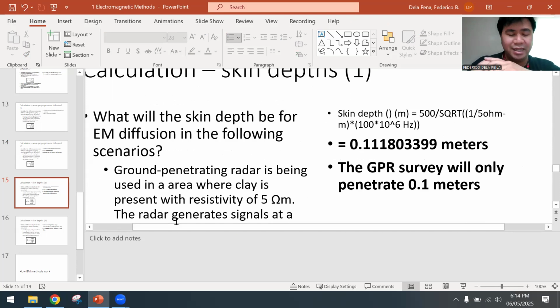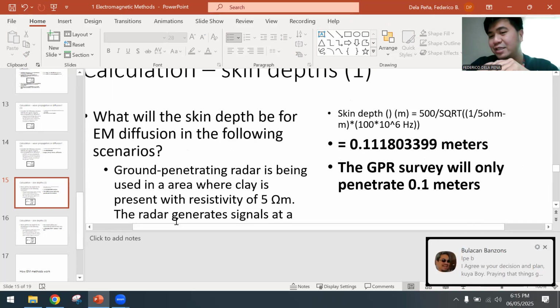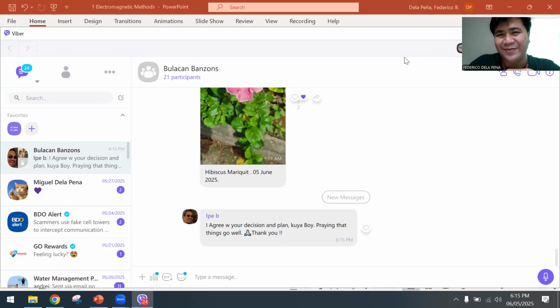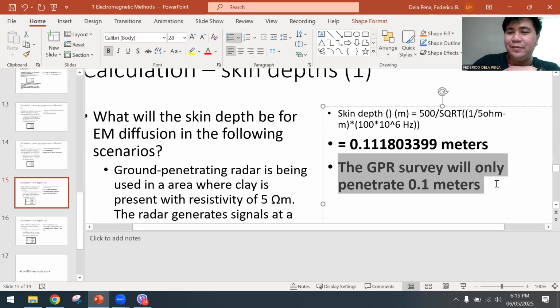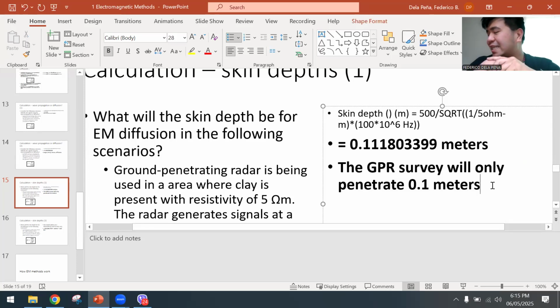Four years ago, I moderated a geocon session, and someone presented a GPR survey on a recent landslide in Benguet. I saw that landslide.